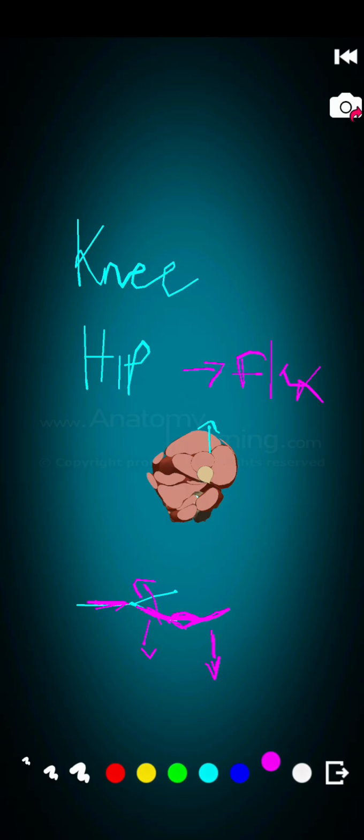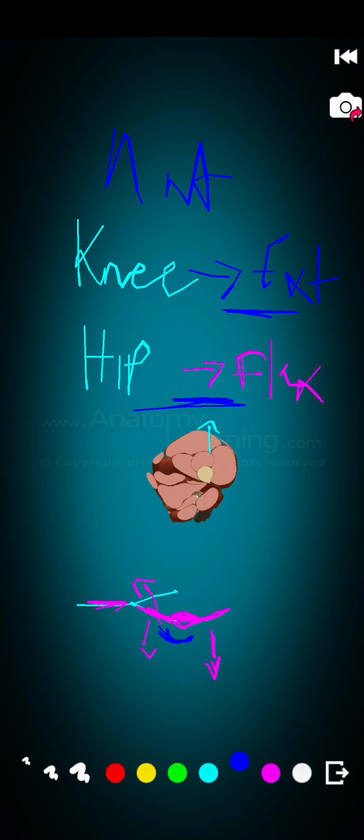So when these guys contract, they're going to cause this angle at the back here to increase. They're going to cause extension of the knee. So the anterior compartment causes extension of the knee joint, but flexion of the hip joint. All right, this is what they do.